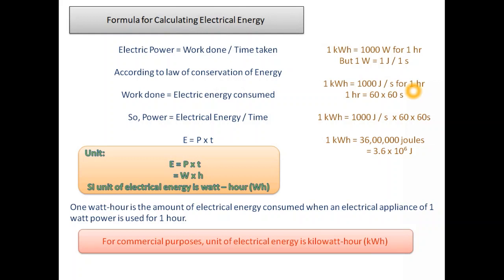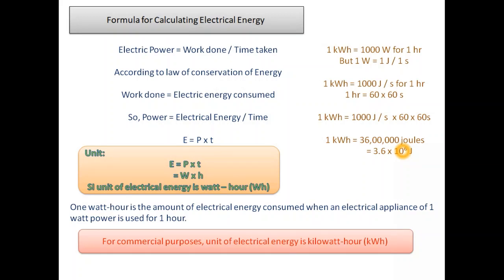We know that 1 hour is equivalent to 60 minutes and 1 minute is equivalent to 60 seconds. We convert 1 hour into seconds because joule is the smaller unit, so time should be in seconds. So 1000, joule divided by second, and for 1 hour I write 60 into 60 seconds. If we solve this, we get 36 lakh joules, that is 3.6 into 10 raised to power 6 joules.